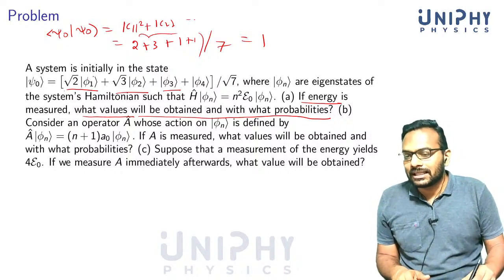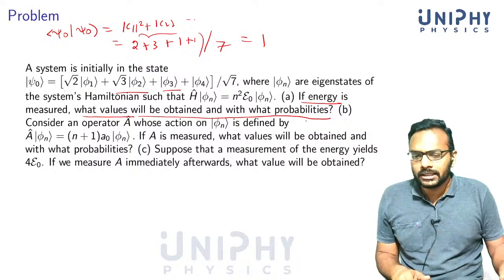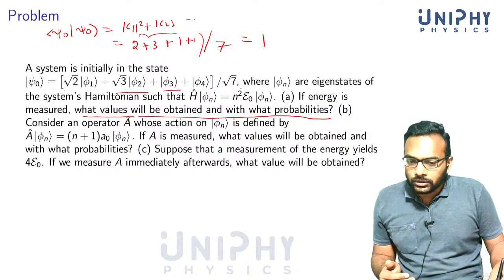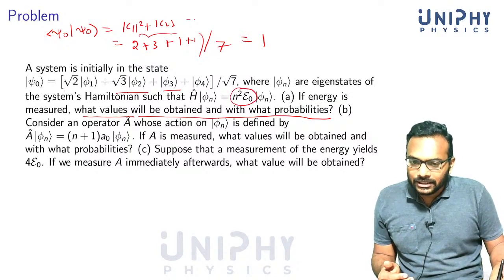It's already given that these are eigenvectors of the Hamiltonian, and we know that the measured values are eigenvalues. So the rule to calculate the eigenvalue is given here. It's n squared epsilon 0.